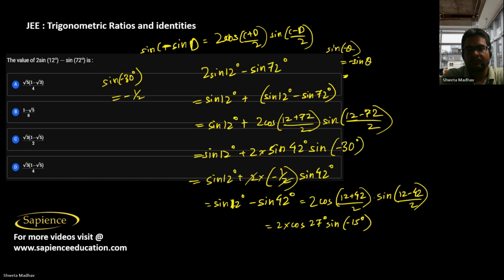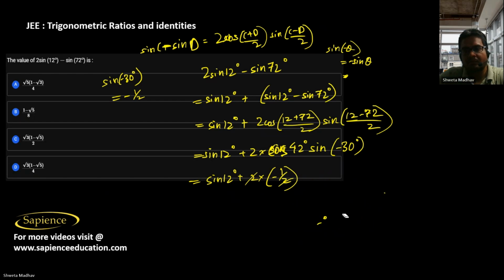Now, this is actually wrong. The earlier term will be cos 42 degree, cos of 84 by 2. So it is cos 42.